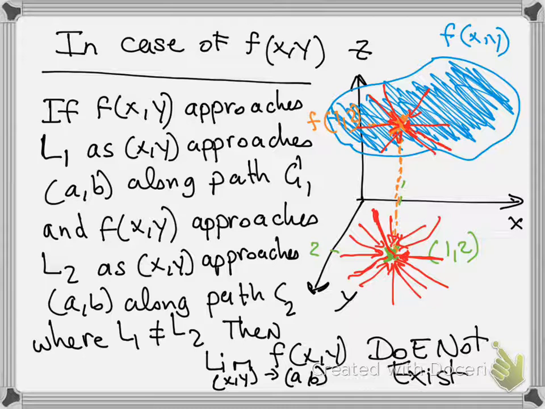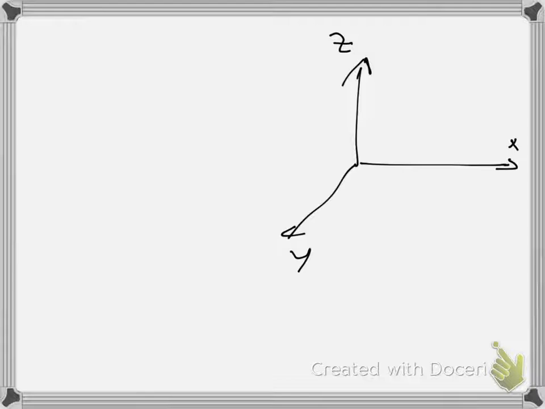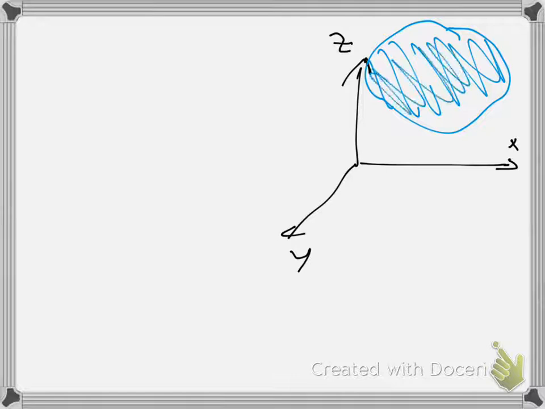Okay, so what I'm saying, guys, is that again you have here my x, here my y, this is my height z, and this is my function f of xy. So you take a point AB.